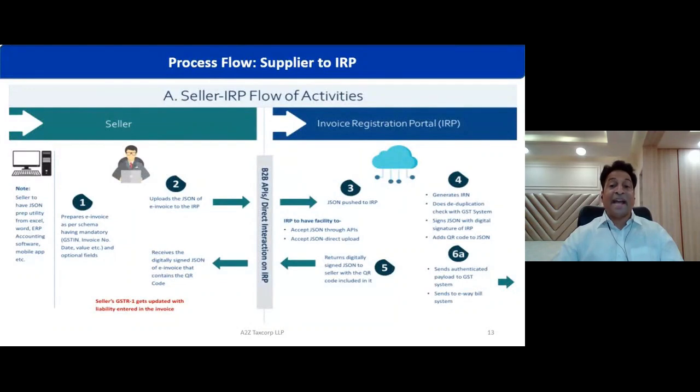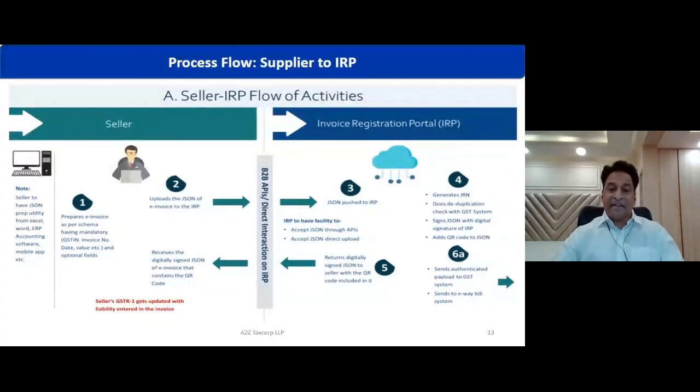Then it is going to digitally sign with the QR code. And then the 5th step would be that it is going to return the signed E-invoice in JSON to the seller with the QR code included in it. Then the next activity starts.